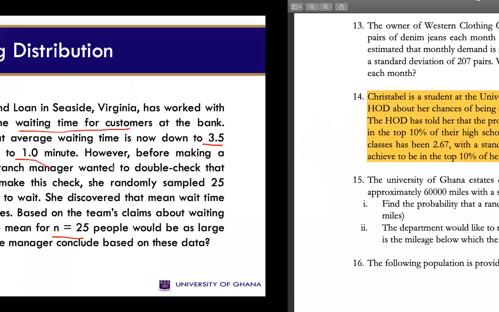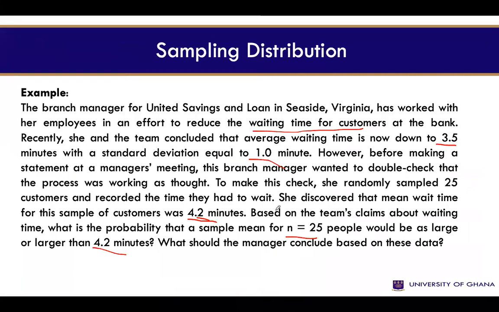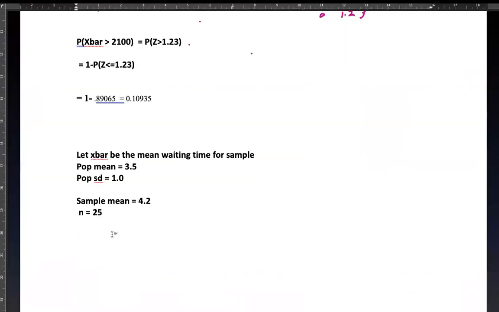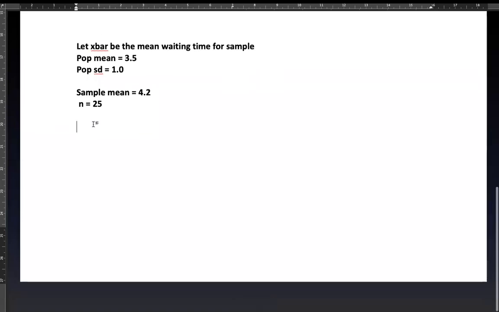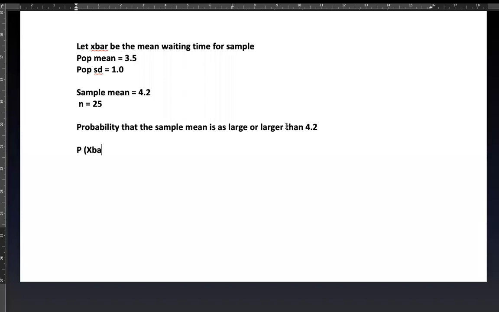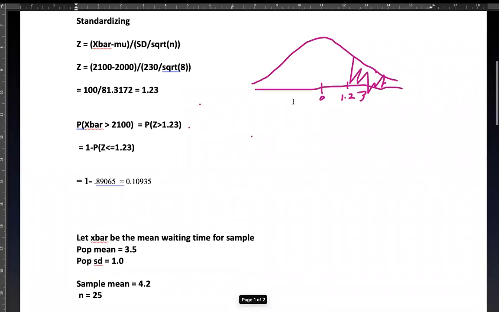The required probability is that the sample mean would be as large or larger than 4.2. Let's write it in words: probability that the sample mean is as large or larger than 4.2. Mathematically, that means X bar is greater than or equal to 4.2, isn't it?